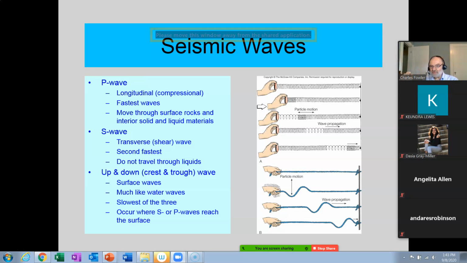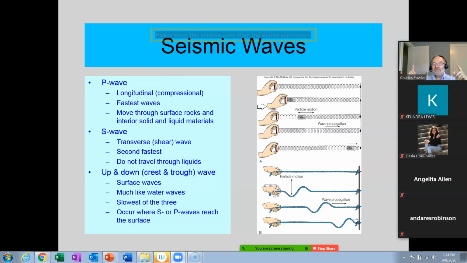They're much like the water waves, they're the slowest of these three, okay? However, some of the things we'll see show they may be the biggest of the three, okay? Now, the surface wave is what happens when a primary wave or a secondary wave reaches the surface.